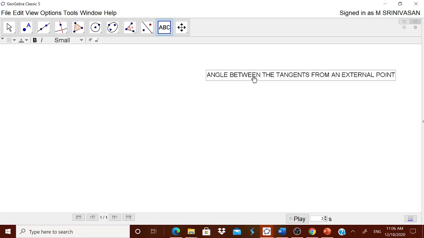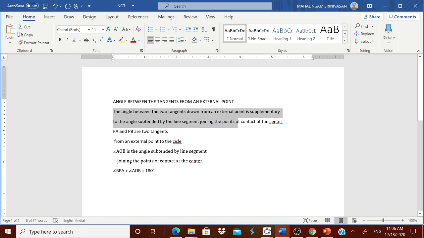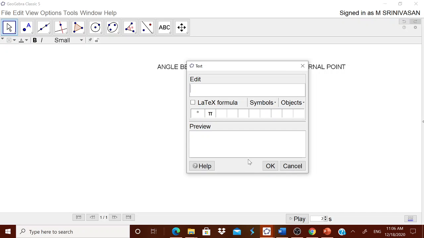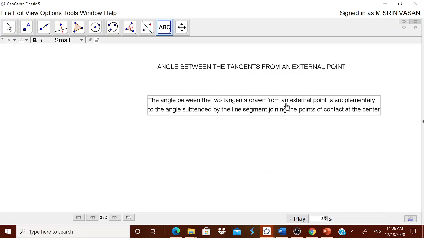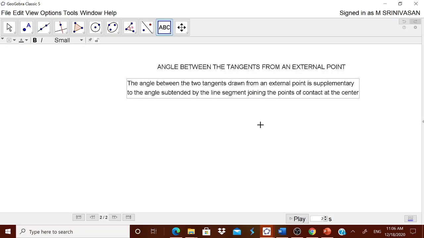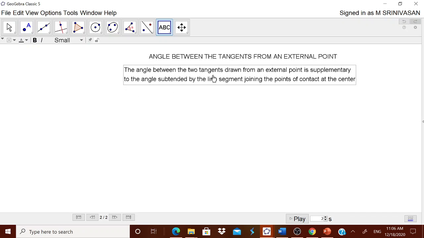Okay, we will make the statement now. Statement of this theorem: the angle made between the two tangents drawn from an external point is supplementary to the angle subtended by the line segment joining the points of contact at the center.